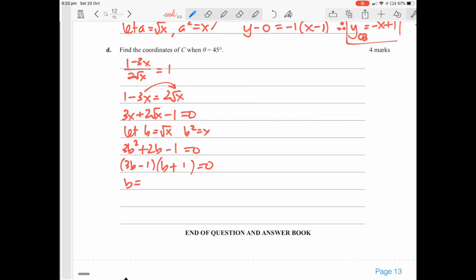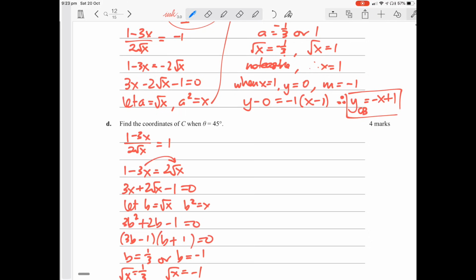So I get b equals 1/3, or b equals negative 1. So root x equals 1/3, and then root x equals negative 1. Here we're going to get x equals 1/9. Here, no solution. So x equals 1/9 is when the gradient is equal to 1.